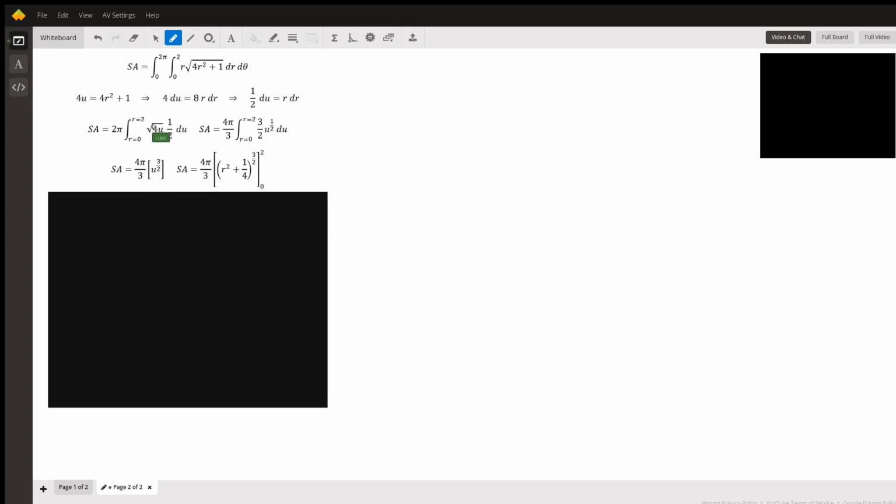So you simplify it, you move as many fractions out as possible, so the square root of 4 is 2. So that's why there is now a 4 outside. Now I did the extra 3 because I know that this is going to go to u to the 3 halves, and we divide by the 3 halves power. So the 3 halves here and the divide by 3 halves are going to cancel each other after the integral. So that way you only have to deal with u to the 3 halves.